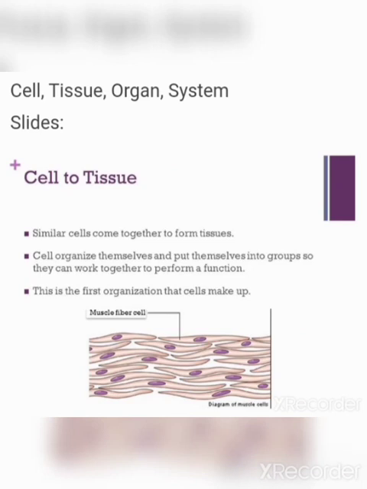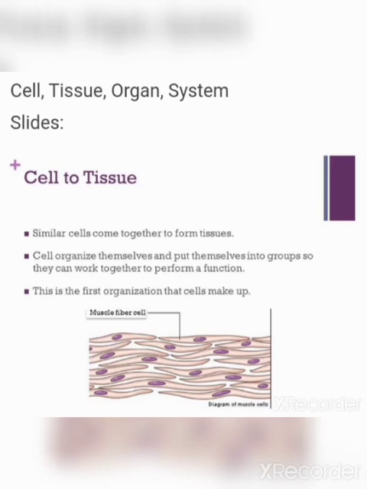Now, as I have told you earlier, when cells combine together, they form tissues, right? Similar cells come together to form tissues, and these cells organize themselves and put themselves into a group so they can work together to perform a function. This is the first organization that cells make up.